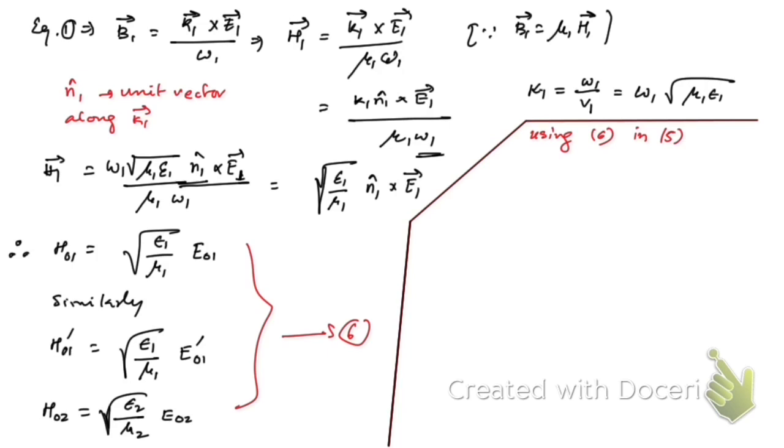Using 6 in 5, we're going to have root over epsilon 1 by mu 1, within brackets, after taking it common, E01 minus E01 dash, and cos theta I is equal to, on the other side, root over epsilon 2 by mu 2 into E02 cos theta R. That's what we're going to have.